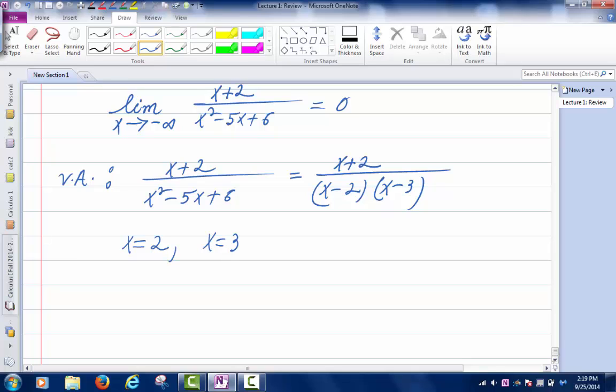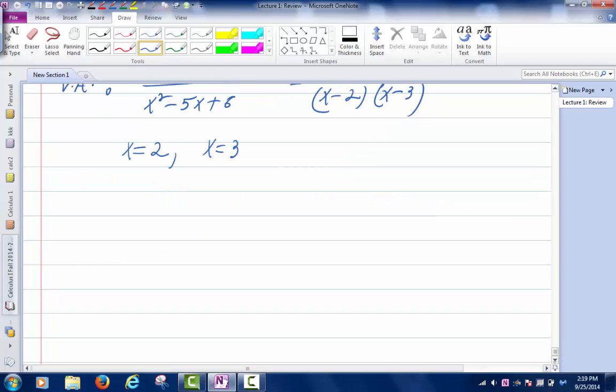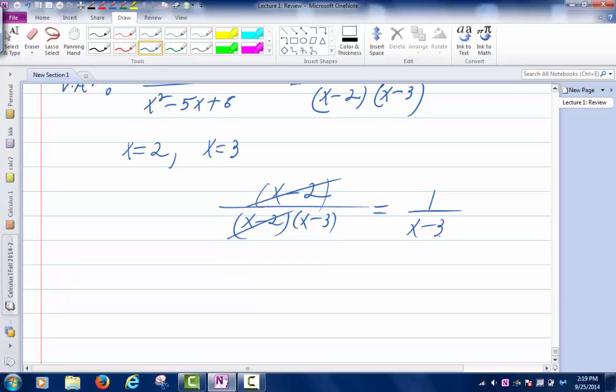Is everybody okay with that? Why is it that it matters where the numerator vanishes? Well, here's one example. Let's say I have x minus 2 and x minus 3 in the denominator, and here instead of having whatever I had before, let's say I have x minus 2 in the numerator. Then the value of this function is the same as the value of 1 over x minus 3, as long as x is not 2.